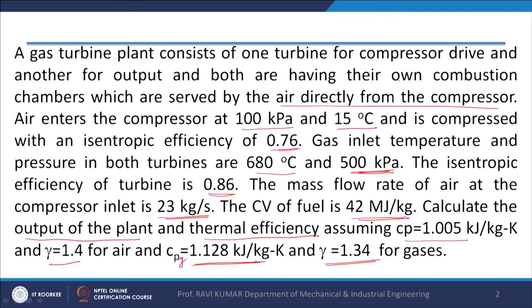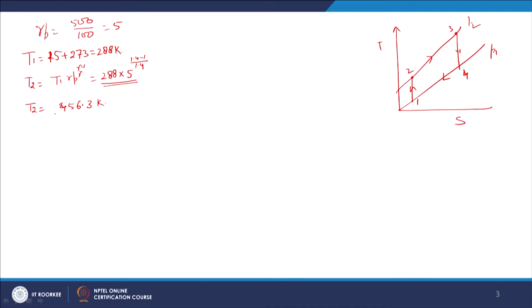But compressor has certain efficiency of 0.76. So, we will use the formula T2 minus T1 divided by T2 dash minus T1 is going to be equal to 0.76, or T2 dash is equal to T1 plus T2 minus T1 divided by efficiency, that is 0.76.